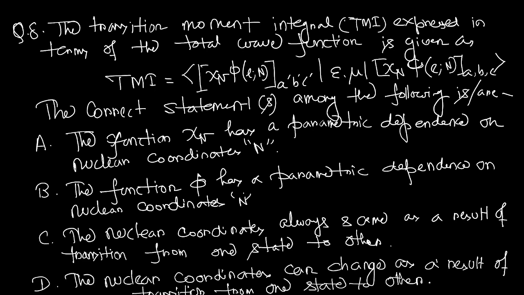So, as I mentioned previously, the psi E and S under Born Oppenheimer approximation is segregated into two different parts. One is the nuclear coordinate, one is the electronic coordinate. What we see is that the electronic coordinate not only depends on the coordinate of the electron, it is also dependent on the nucleus.